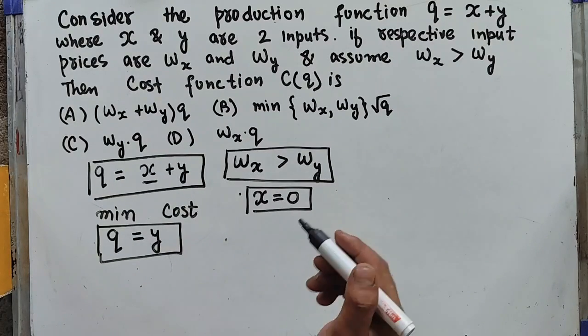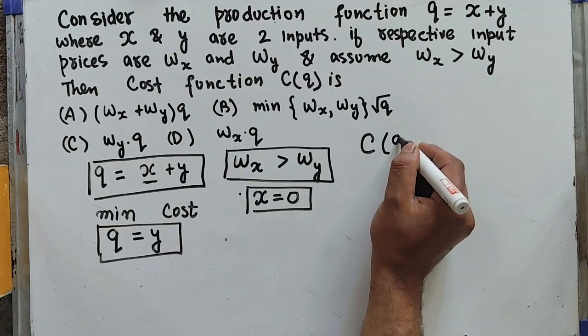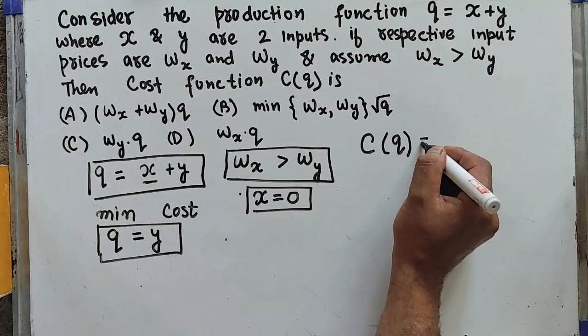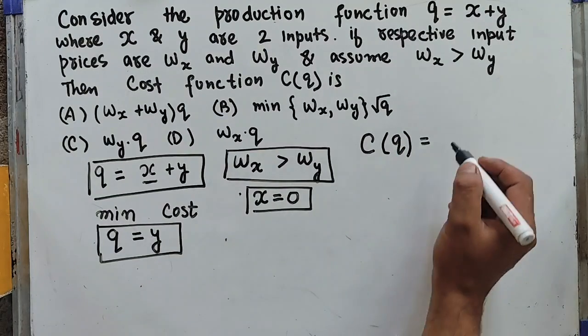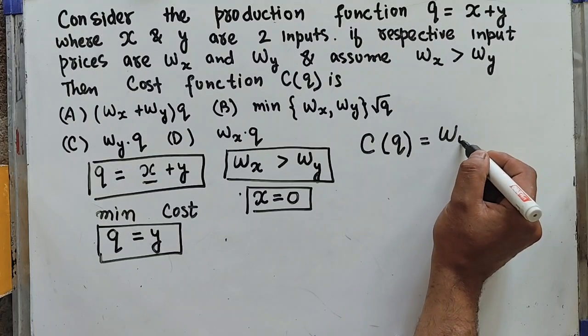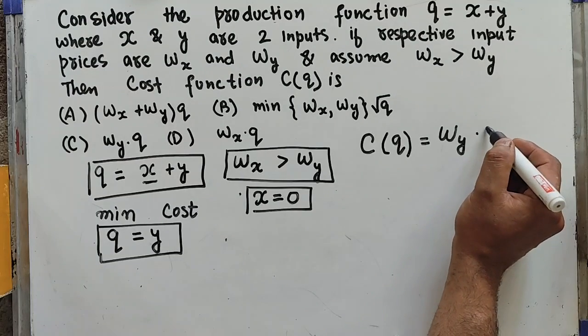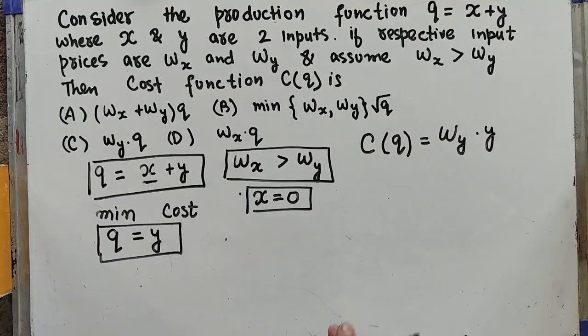So then what will be the total cost? The cost function, that is cost as a function of output, will be equal to the input price of Y times the units of Y input employed.